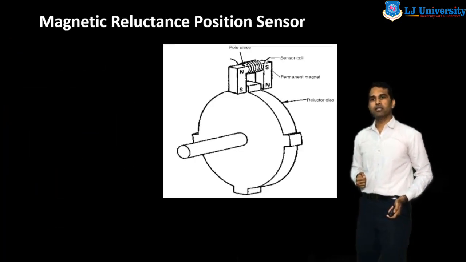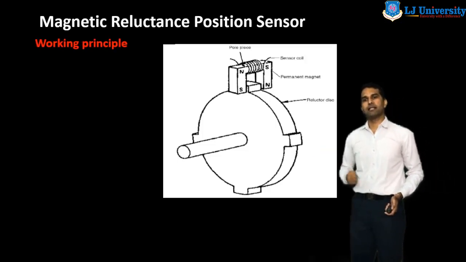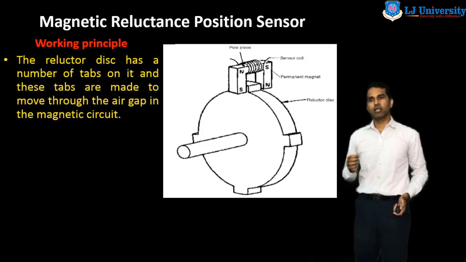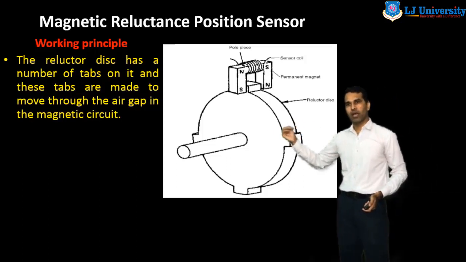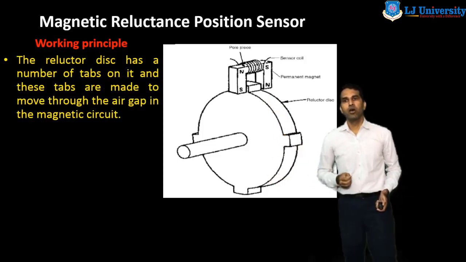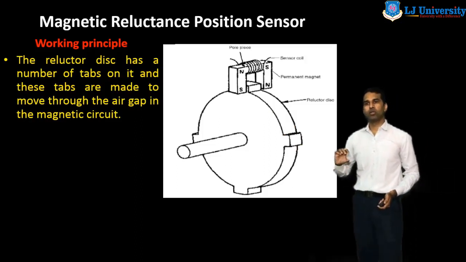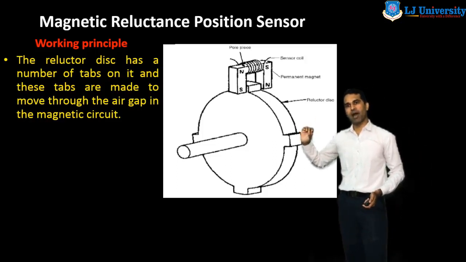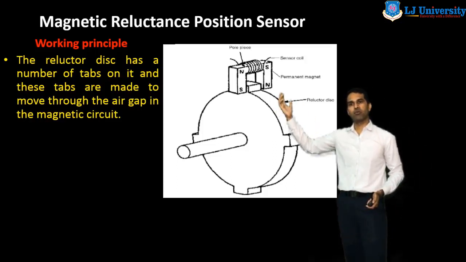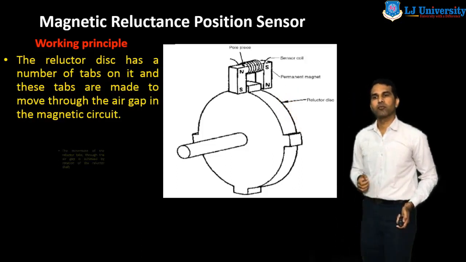Now we discuss the working principle of this sensor. The reluctor disc has a number of taps on it. Here we can see four taps on this reluctance disc, and these tabs are made to move through the air gap in the magnetic circuit.